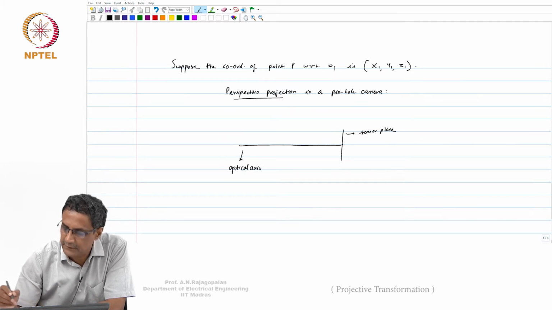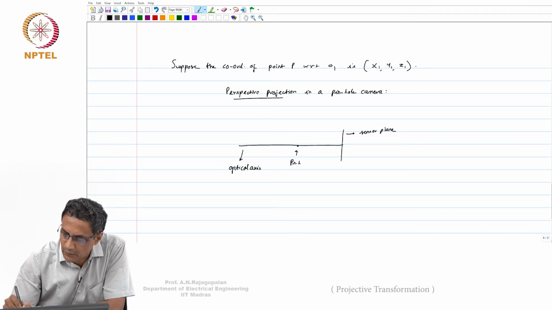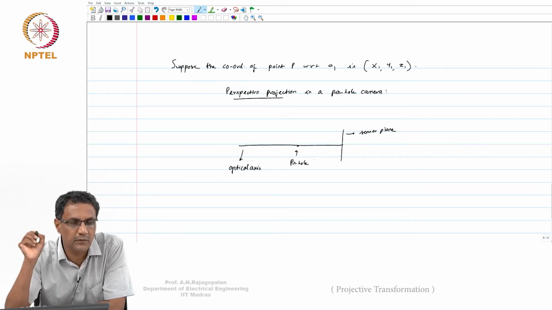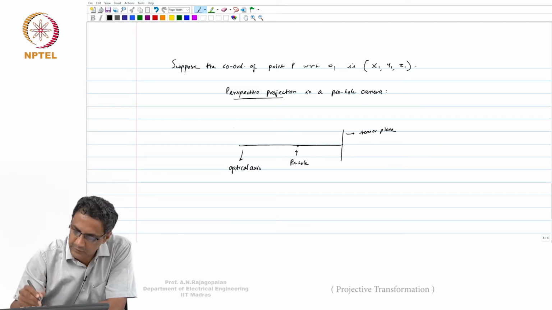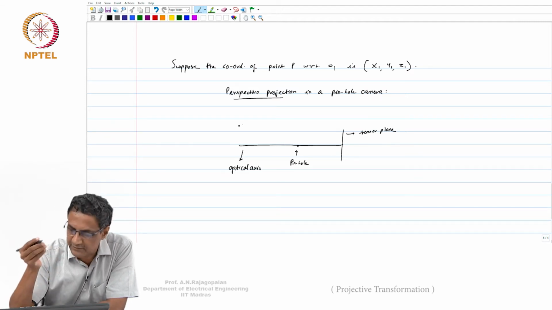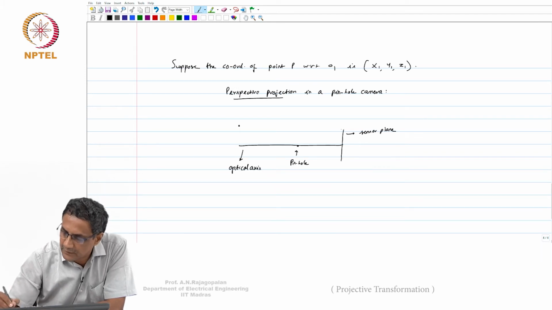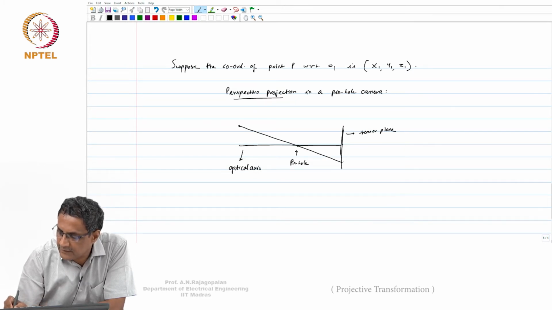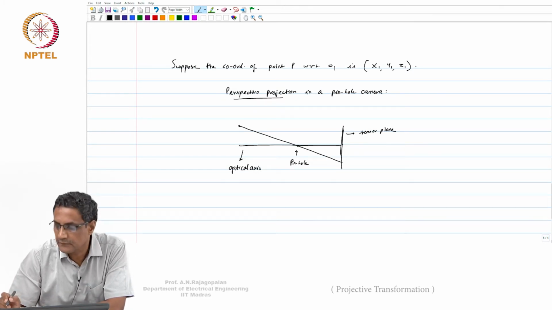Assume that the camera center here is the pinhole through which the rays are going to come, and that there is some point in 3D. This could be your point P. The ray comes and hits the sensor plane here, on the image.